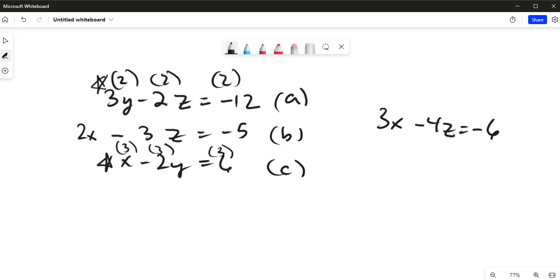So since they have this, they're going to look for the equation that has just the x and the z in it, which is equation B. And they're going to use that to eliminate the x's. Then they'll end up with z equals 3, and then they'll plug that back in to the other equations.